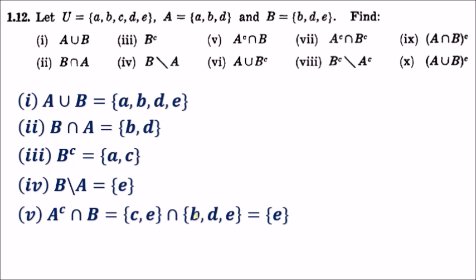And then yung B, okay, rewrite ko lang dito, B, D, E para mas madali natin makita, no? So now we will get the intersection of these two sets. Ang nakita natin dito is pareho silang may element na E. So yun, therefore, that is the answer, no? The set containing the element E is the intersection of the A complement and B.